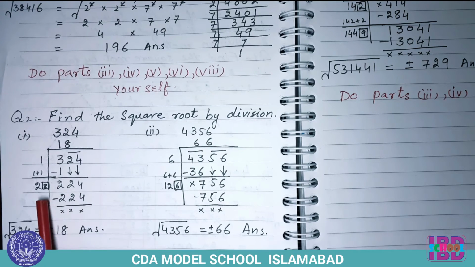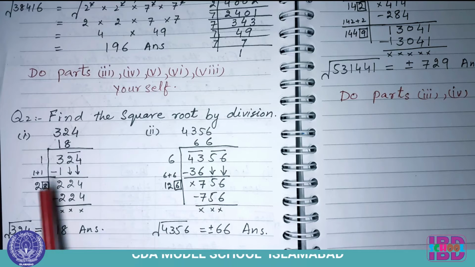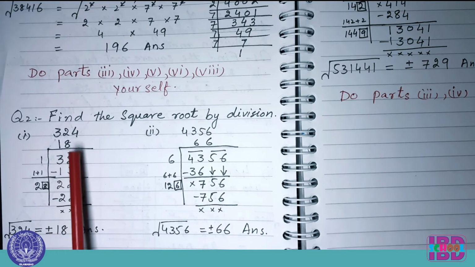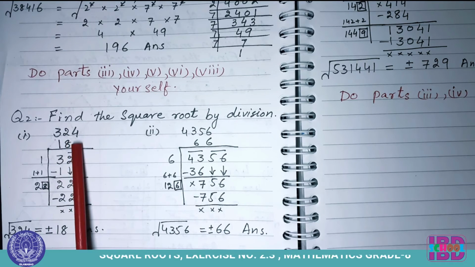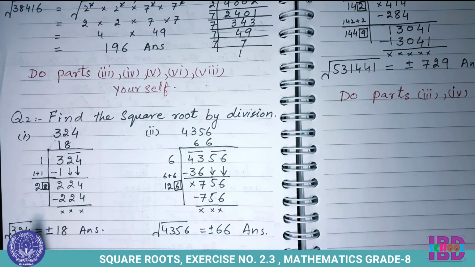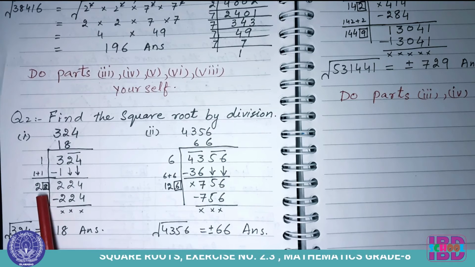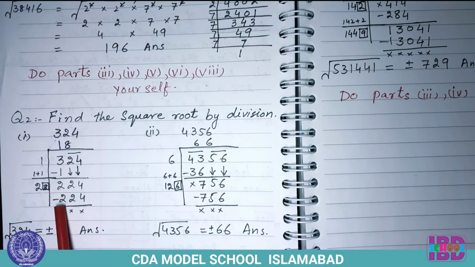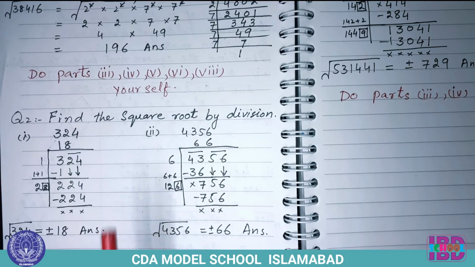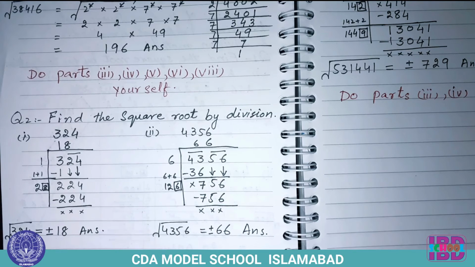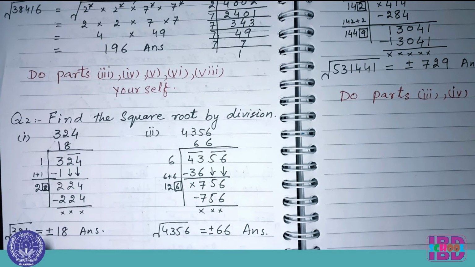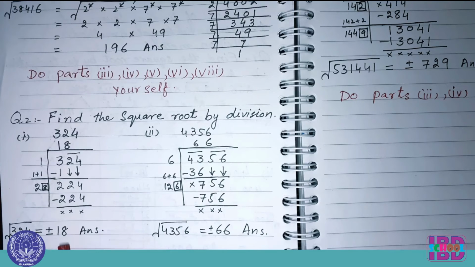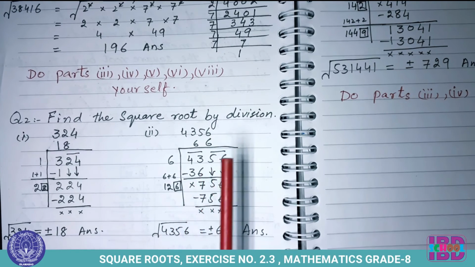We should find here the number to become the new digit in the quotient, that is 18 into 8. The product of 18 into 8 is exactly equal to 224. Hence 18 is the square root of 324.